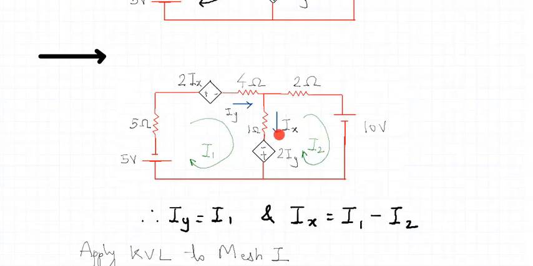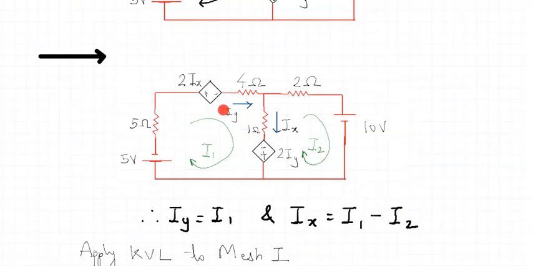Here it is mentioned that the current flows in this particular direction. Following this direction of Ix mentioned in the network, Ix must be I1 minus I2. So now I know what my Iy and my Ix are.